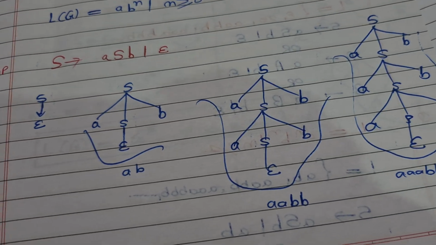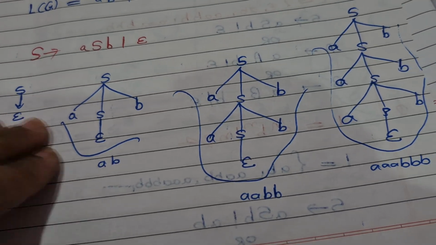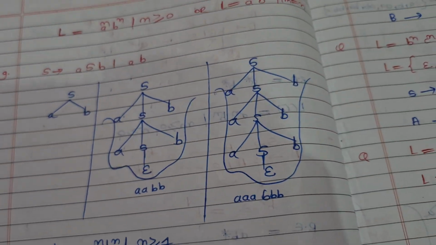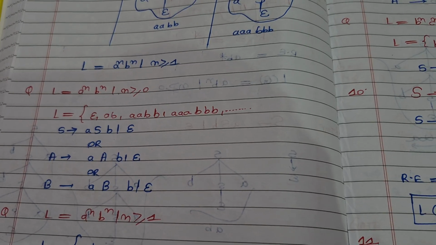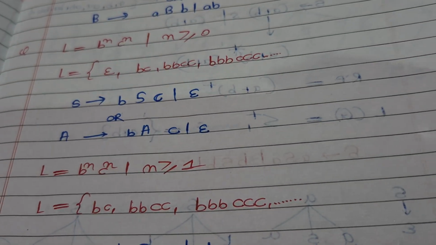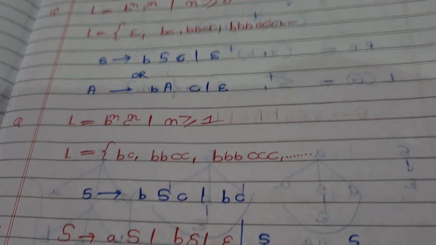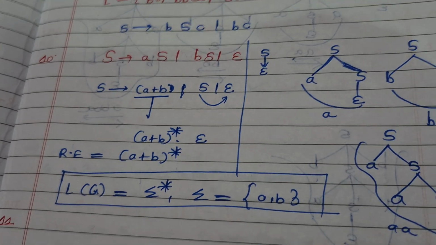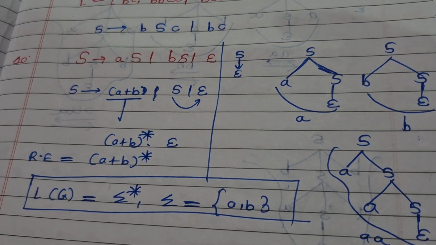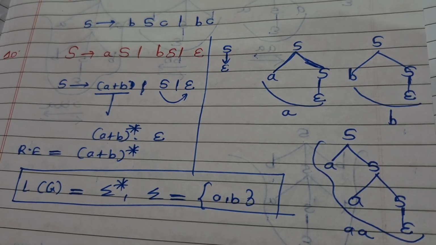You can see how the parse trees are becoming here. Same. Greater than or equal to 0, greater than or equal to 1, the language for it. Then the grammar for the same. It's very easy, nothing difficult in it. And for this you can see aS, bS, epsilon, and the language star comes here.